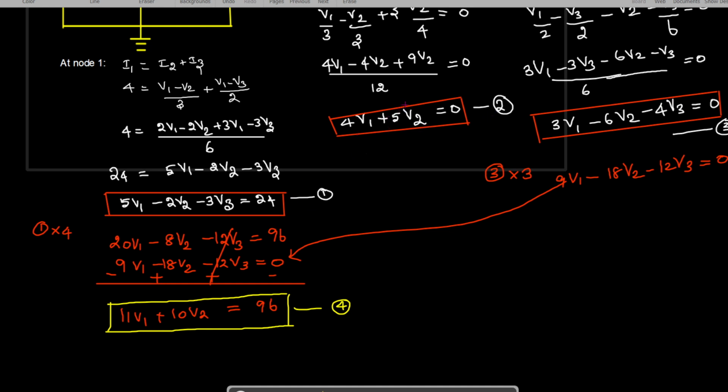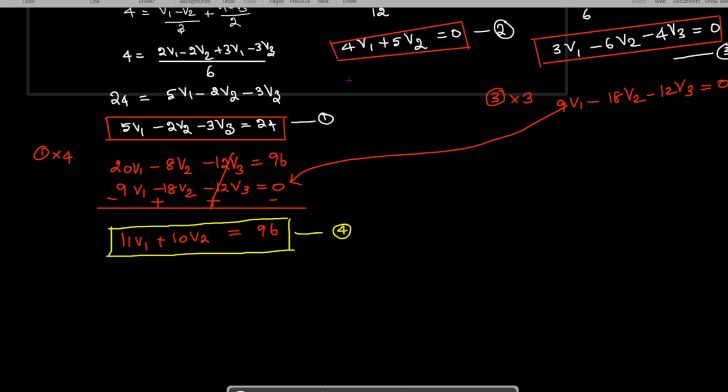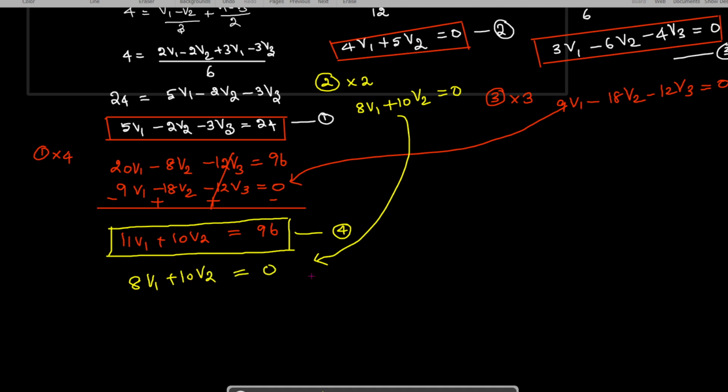In order to eliminate one variable, we can multiply the second equation by 2, so that you'll get 8V1 plus 10V2, that is equal to 0. Let me take this as the fifth equation.